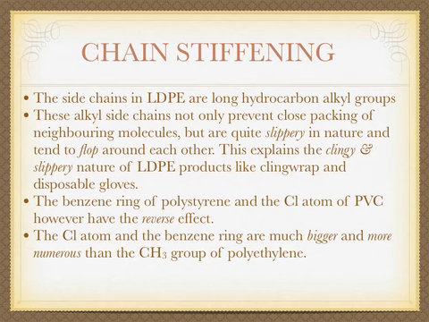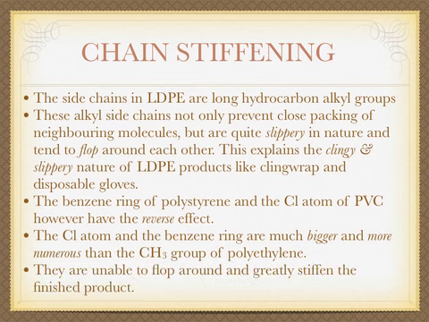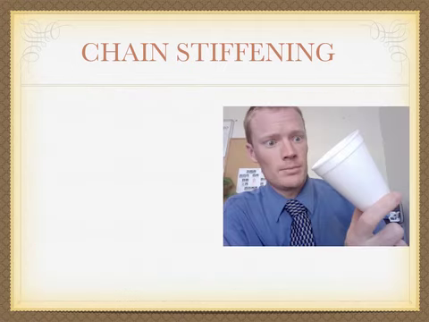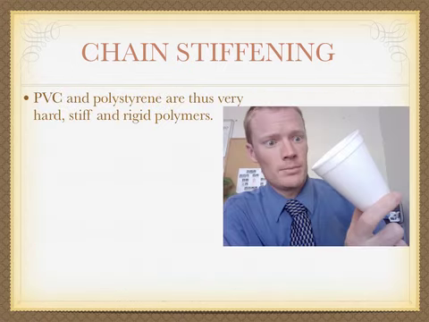What that means is that the side chain branches on PVC, for example, have a very different nature to the side chain branches on low density polyethylene. These side chain branches, the benzene ring and the chlorine atom, are unable to flop around, to slide past one another. They actually line up in a very rigid and orderly way that starts to give a very different function according to this structure.